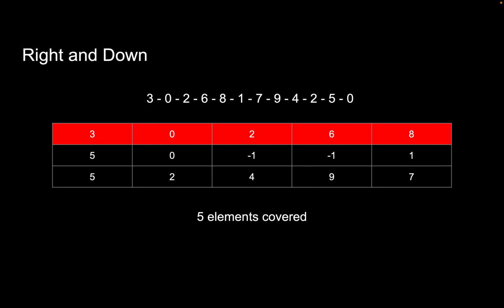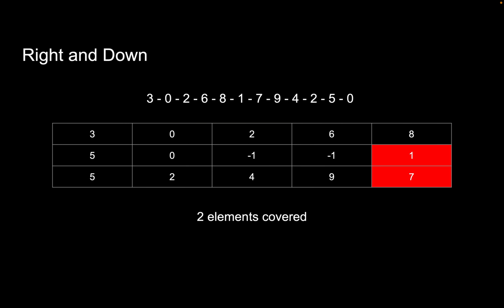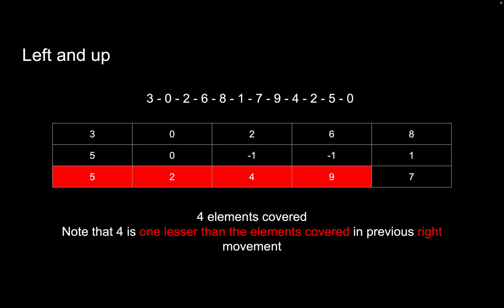Let's look at this example. We have a linked list here. The first right movement will cover the first 5 elements, and they'll be added into the matrix. Then we go down, and we cover the 2 elements, 1 and 7. And then we begin our left operation, which covers the next 4 elements. Notice that 4 is 1 less than the elements covered in the previous right movement.